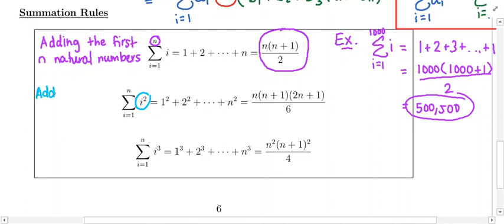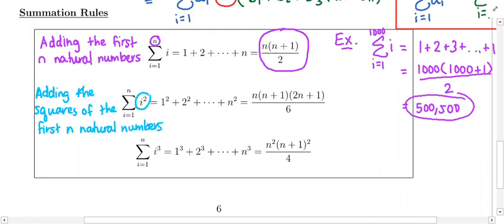We're adding this time the squares of the first n many natural numbers. If you're adding up the squares, you're going to use this formula instead. Again, n is the upper limit of summation.